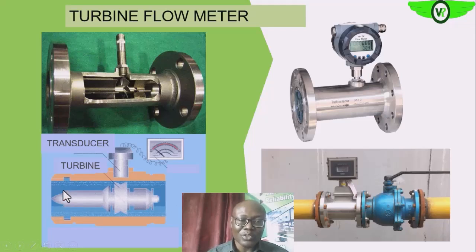As you watch, as the flow rate is increasing, what happens to the signal? You see that it is going up. Are we getting it? So this is an example of the turbine flow meter. We have the turbine in here that helps to generate the pulses that are picked up and then converted to flow rate in the flow computer.